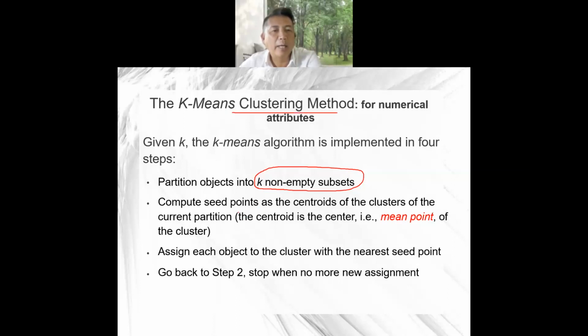We randomly pick the centers of the clusters, then we assign the remaining points to the nearest centroid. We assign each object to the cluster with the nearest seed point or center. Then we go back to the second step to recompute the new center, and redo the reassigning until there are no changes of center.